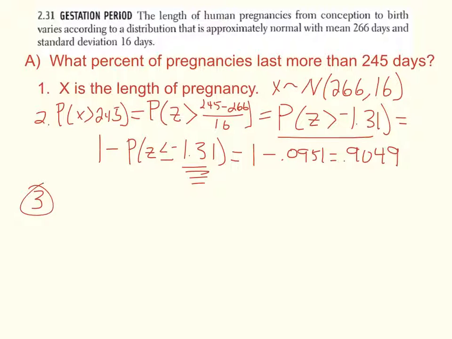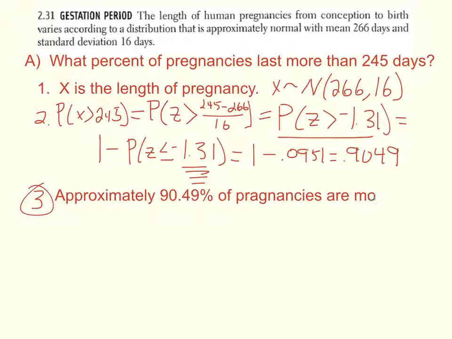So approximately 90.49% of pregnancies are more than 245 days. What this looks like in a graph.